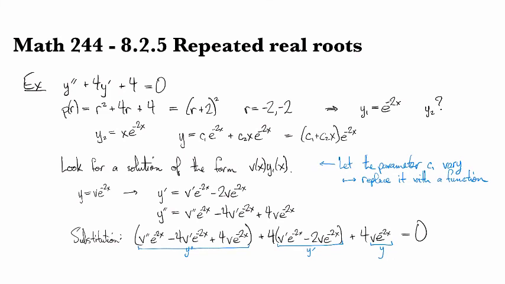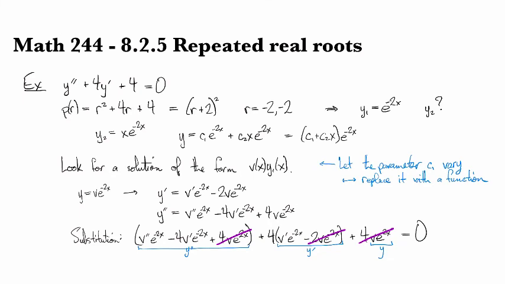Okay, and then we have some beautiful things going on here. So if we look at the v e to the minus 2x terms, there's 4 of them here, and 4 of them here, and minus 8 of them right here. So bam, bam, bam. Those guys cancel.